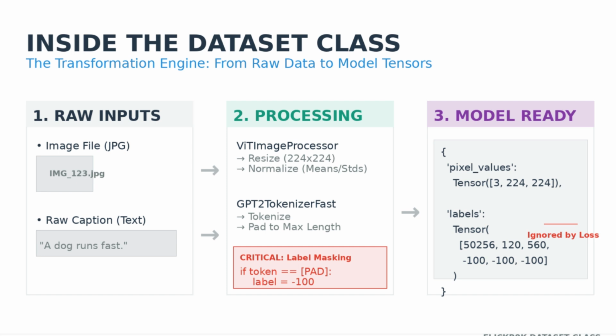It performs 2 key operations. First, it converts the image to the ViT pixel values, standardizing the visual input for the model. Second, it uses the tokenizer to convert the caption into numerical input IDs, translating human language into a machine-readable format.